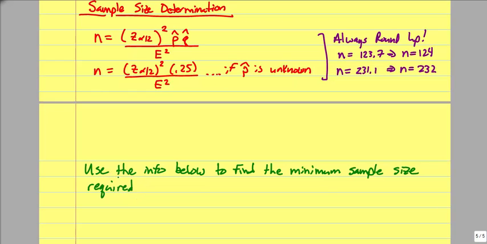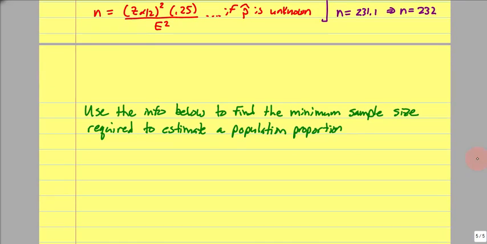These formulas will change depending on what I'm trying to estimate. So use the info below to find the minimum sample size required to estimate a population proportion. And of course a proportion, if we talk about 0.05, that would be 5%. And so this could also be translated to a percentage as well.